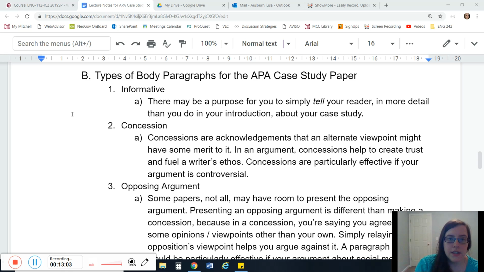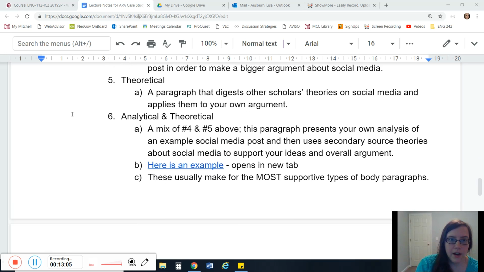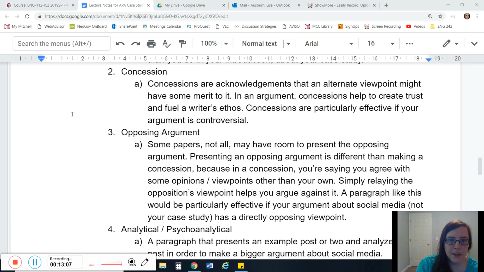You might also decide that you want to write a concession paragraph, and this paragraph would be most effective if you have a controversial argument. Not necessarily if your topic is controversial, but if your argument about social media has multiple sides.